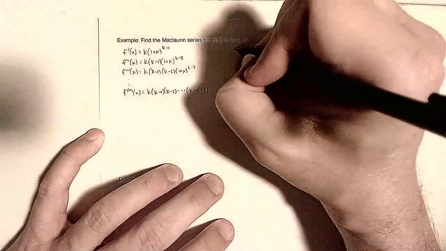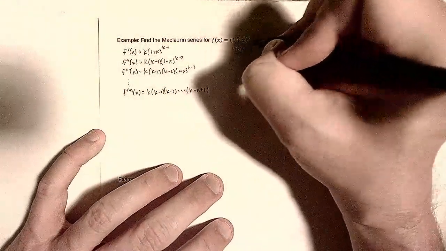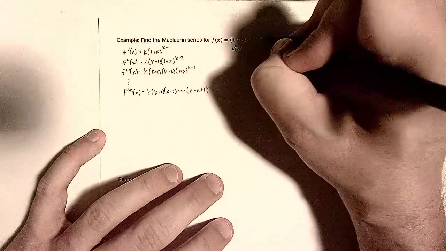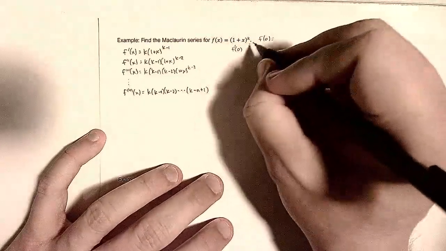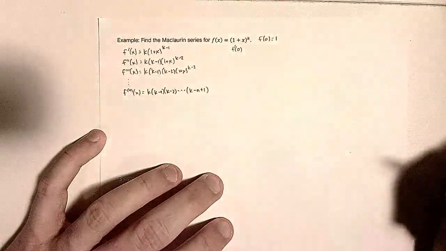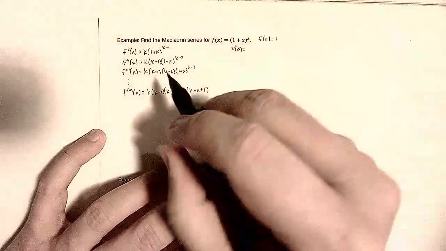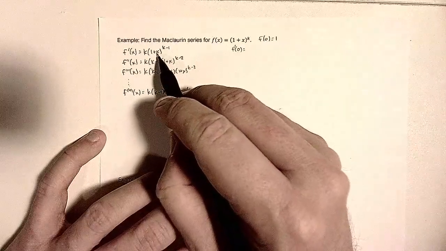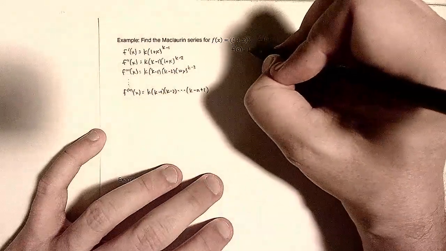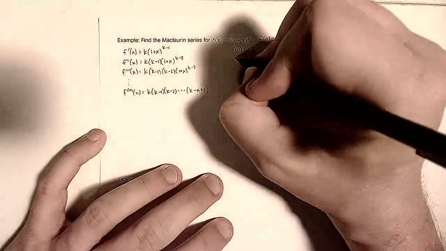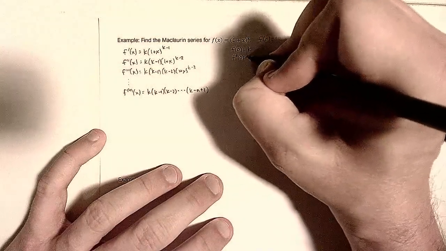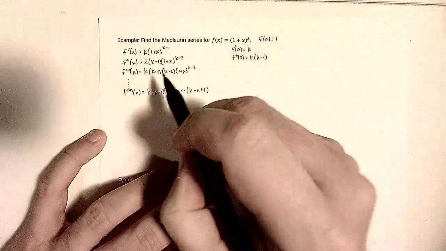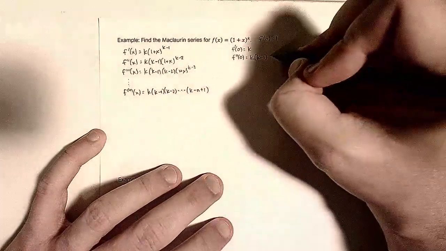Now, if we evaluate these at 0, just like we did before, f of 0: if I put a 0 in here, I get 1 to the k, so that's just 1. For f prime of 0, I have my k out in front, but I have 1 to the k minus 1, which is just 1. For the second derivative at 0, I get k and k minus 1 again, and 1 once again.